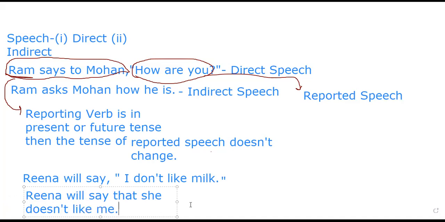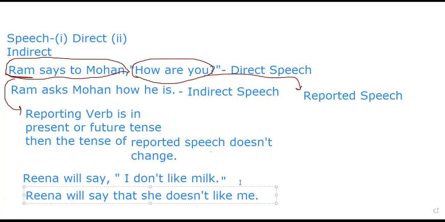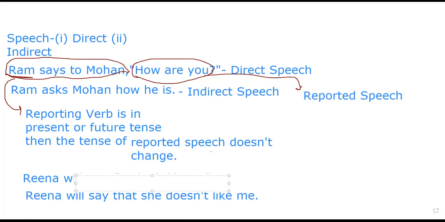Now, because will say is future tense, the reporting verb is in future tense. So the tense of reported speech stays in present tense, I don't like milk. So it has changed to: she doesn't like milk.